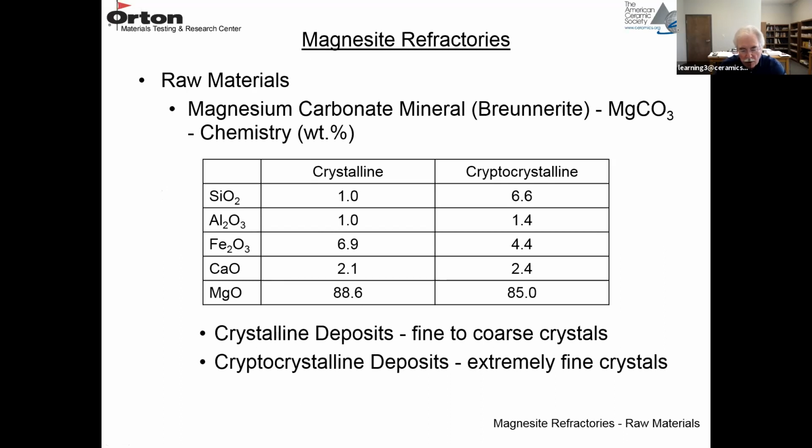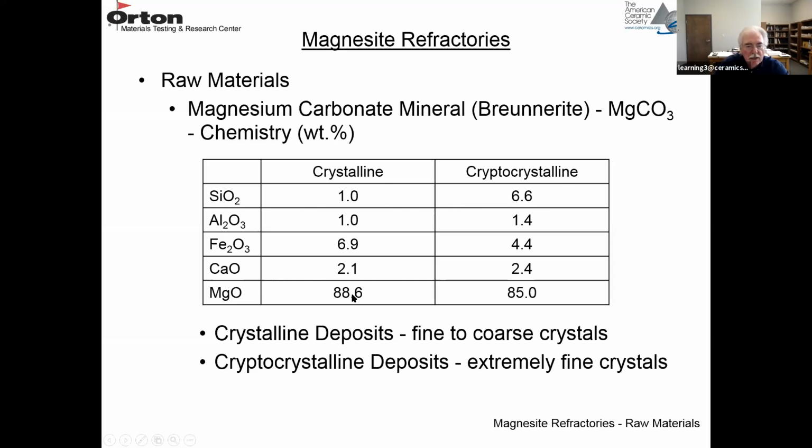So one of the raw materials for MgO refractories is magnesium carbonate. The mineral is known as brunerite. It's MgCO3. And there's 2 types of deposits, crystalline and cryptocrystalline. Crystalline deposits are fine to coarse crystals, and the cryptocrystalline deposits are very fine crystals.